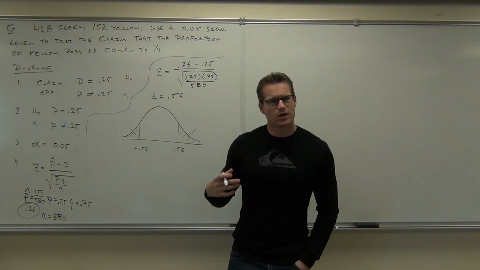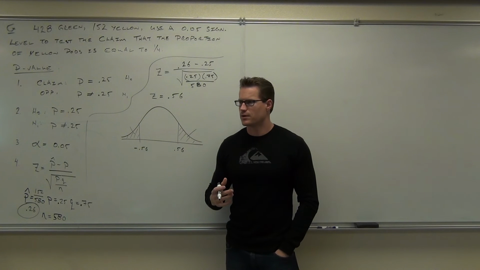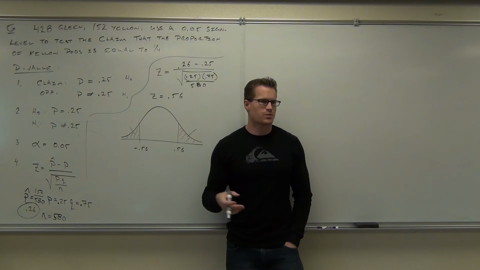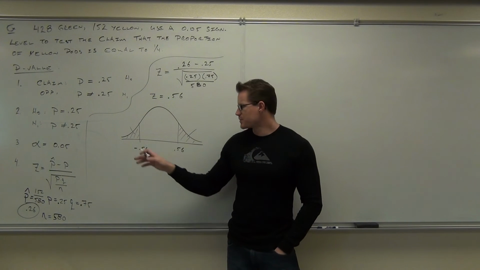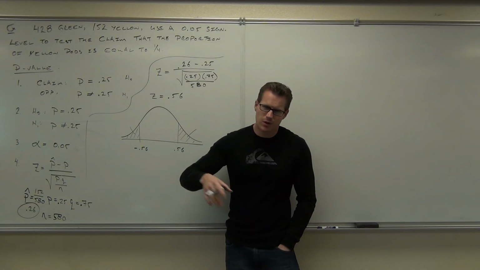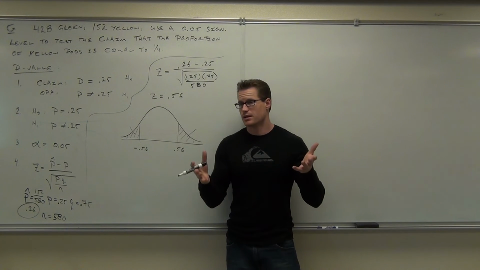So in our case, when you look up that 0.56, what are we going to have? Look up 0.56. Or negative 0.56. Actually, it's probably better to look up negative 0.56. The reason why we're looking up the negative 0.56 is because our tables will only give us area on the left-hand side.